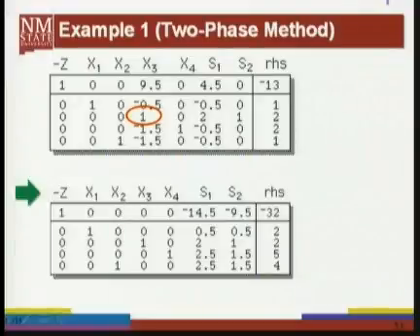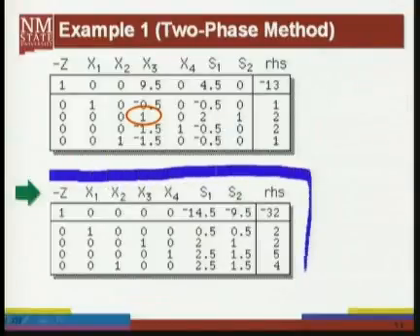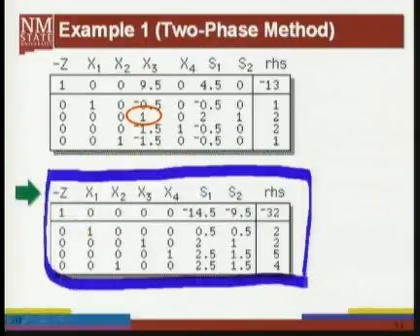In that case, we have reached the optimal solution, right? Because there is no positive relative profit in this table. So this is the optimal table. So in that case, x1, s2, x4, and x1 are the basic variables.